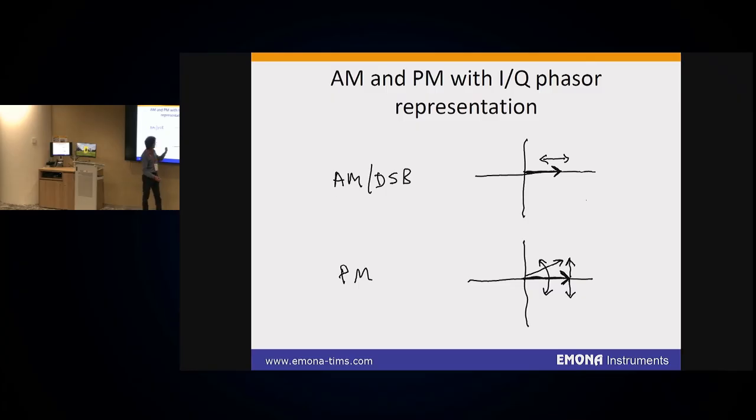So for AM, you can see that the component's phase will remain static and its amplitude is manipulated. For phase modulation, you can see that the phase of the phasor is manipulated by changing the I and Q components to create a resultant, which is the new phase modulated vector.